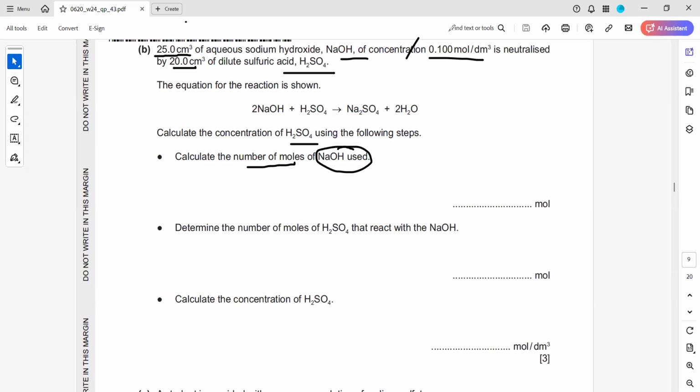We have 25 cm cube of sodium hydroxide and the concentration is 0.1. To get the moles, concentration times the volume. What is the concentration? 0.1. And what about the volume? 25, divided by 1000.